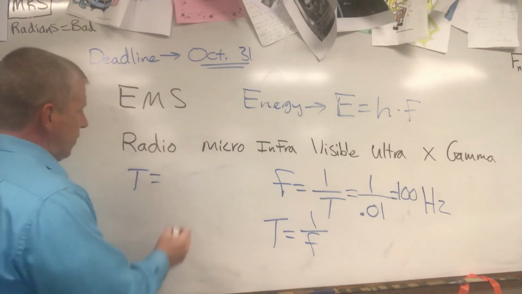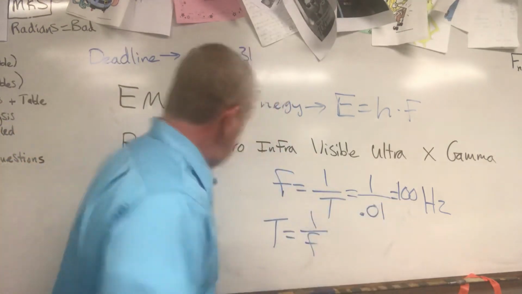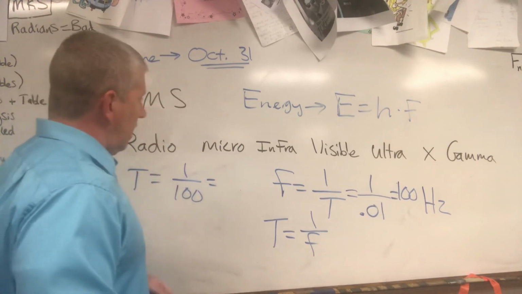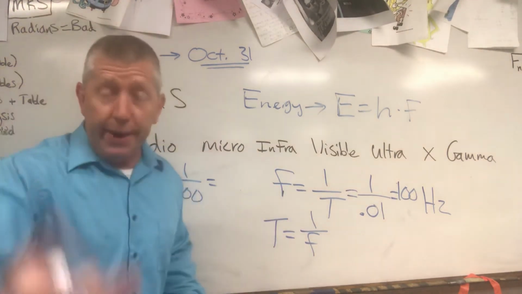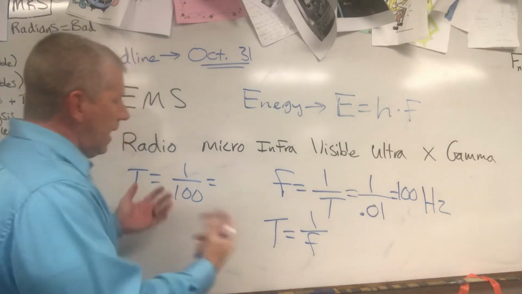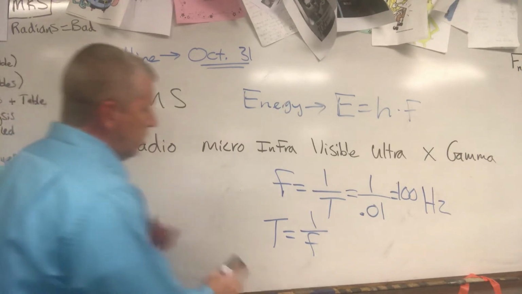If the frequency is 100, then 1 divided by 100 is 0.01, or 1/100th. It takes 1/100th of a second to go by. So time period and frequency are opposite to one another.